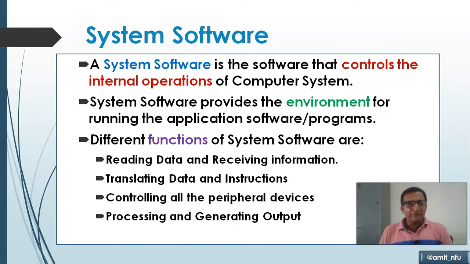After that, it helps in processing and generating the output, obviously back in the high level language, because we input everything in the high level language, but the computer understands it in machine level language, processes it, and generates the output back in that particular language which we understand. These are the functions of system software.